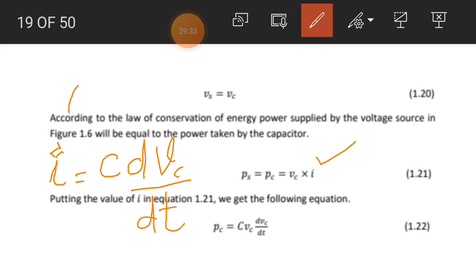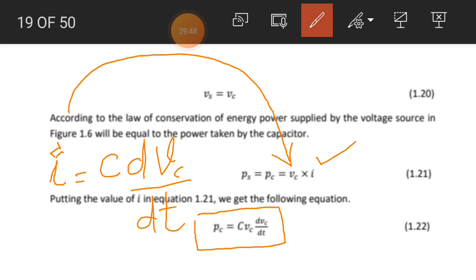We put this value of current in equation number 21. So the power taken by the capacitor will be equal to CVC into dVc by dt. This is the power which is taken by the capacitor from the voltage source.